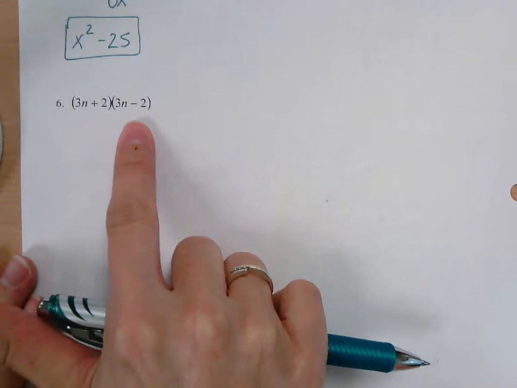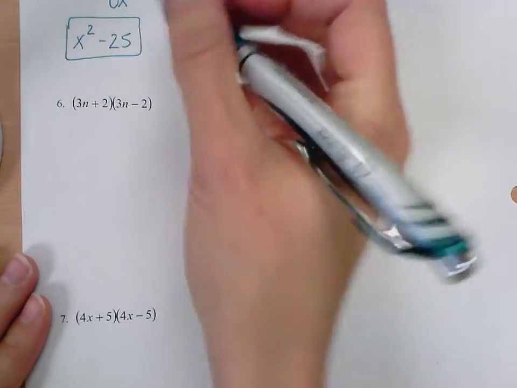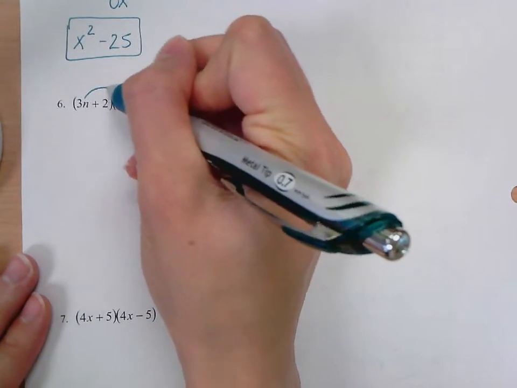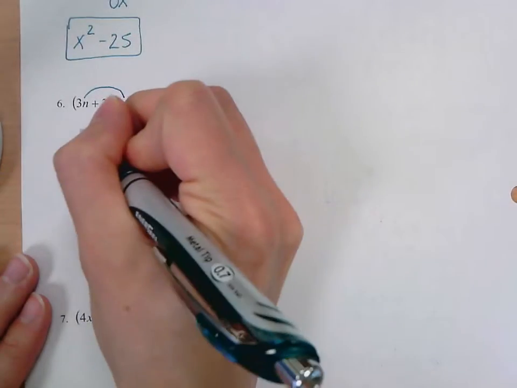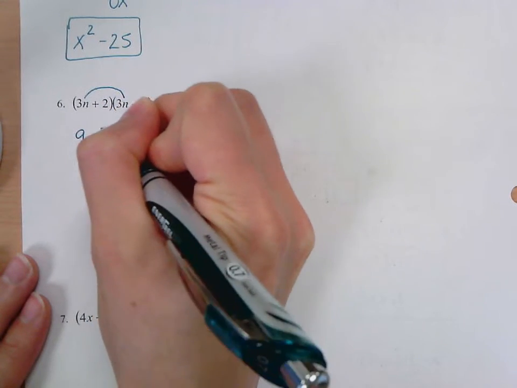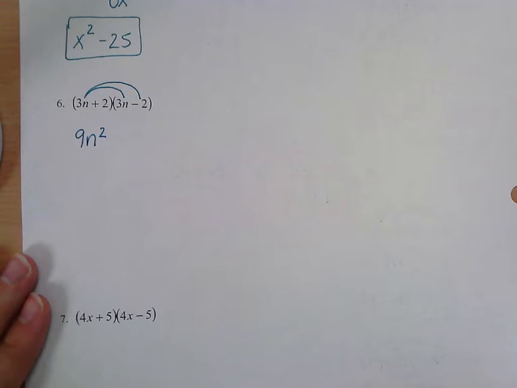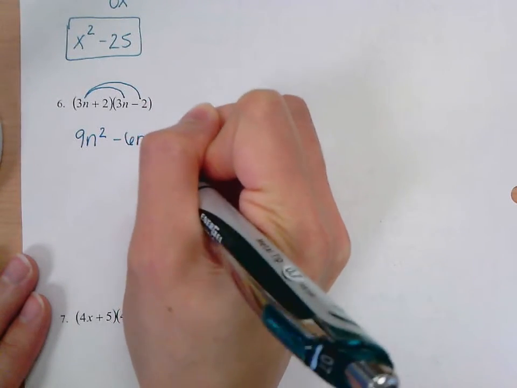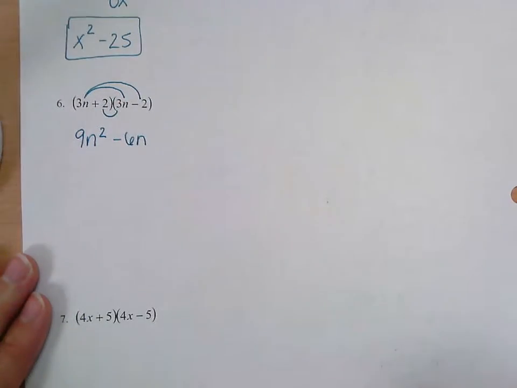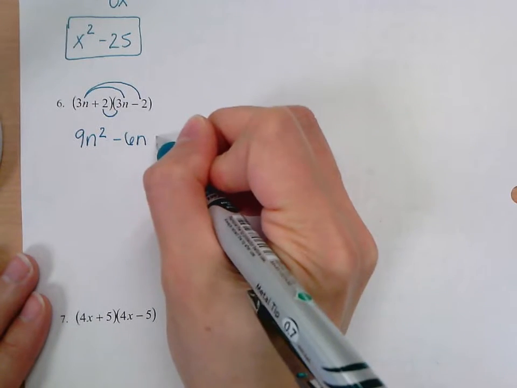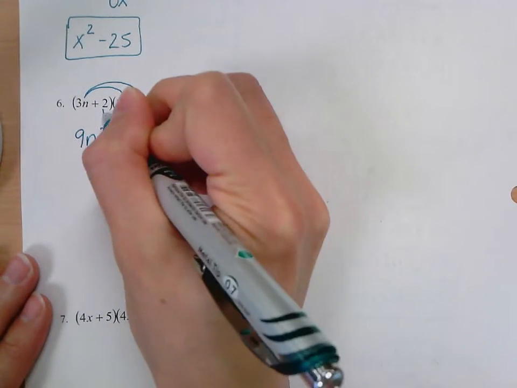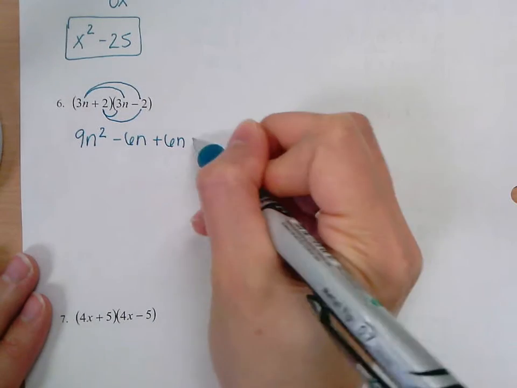So let's just look at 6 quickly. 3n plus 2, 3n minus 2. Still using FOIL. What's 3n times 3n? 3n times a negative 2. Then positive 2 times 3n. And positive 2 times negative 2.